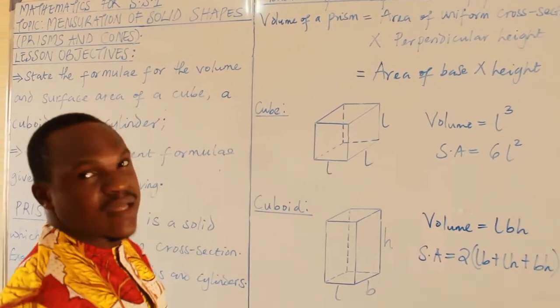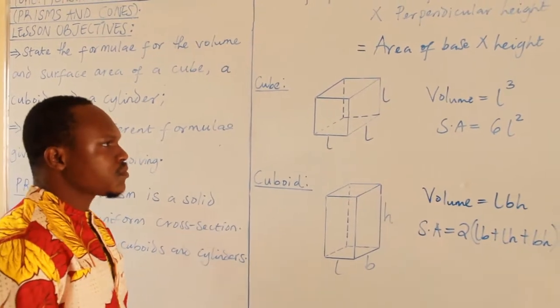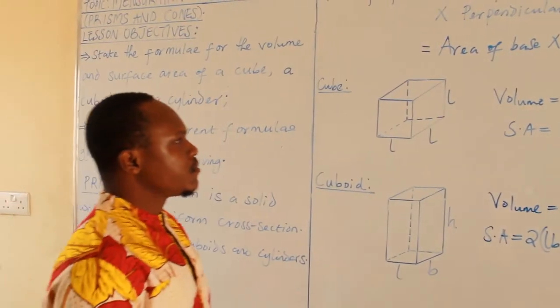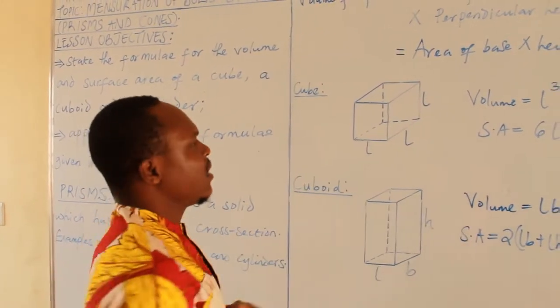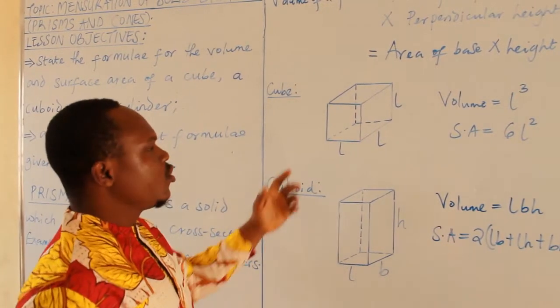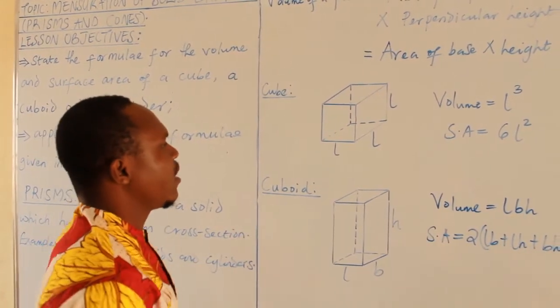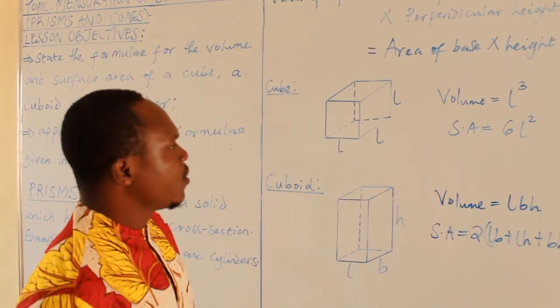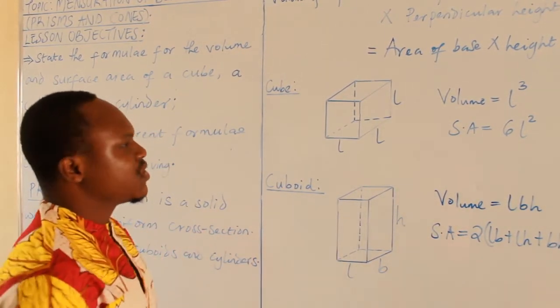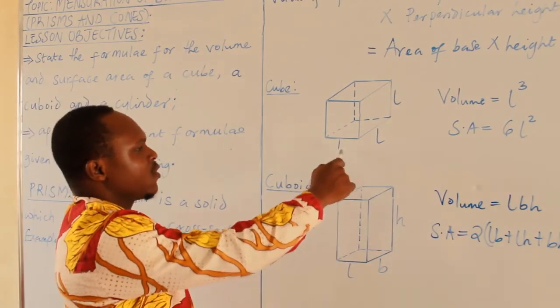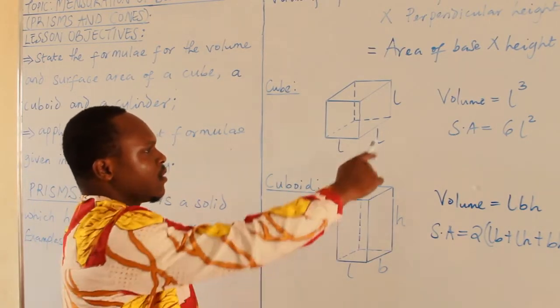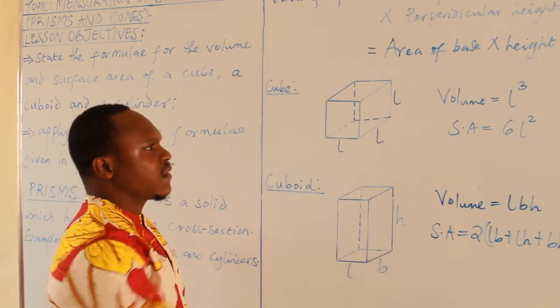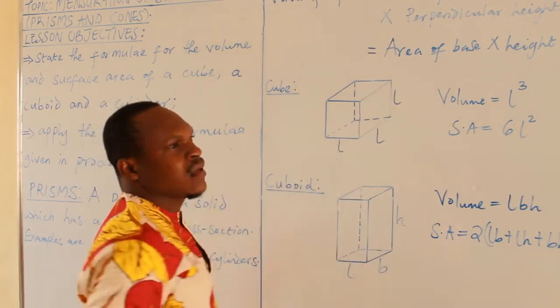Our first prism is a cube. A cube has its base as a square, and we know for a square its four sides are equal. That is why, from the diagram, you have L representing the length, L representing the width, and L representing the height.